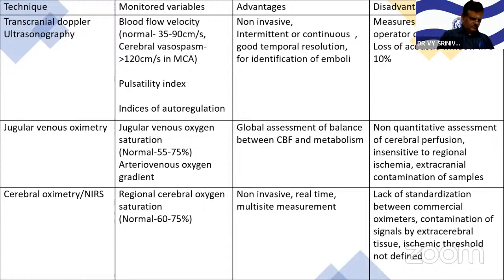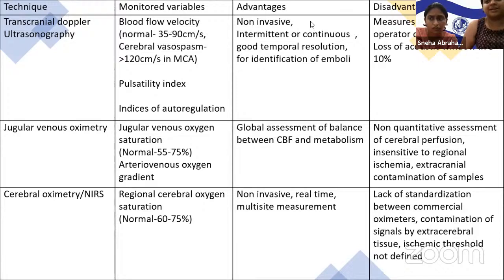The ischemic threshold is defined between 10 to 15 millimeters of mercury. Disadvantage is that it is minimally invasive. It measures the oxygenation within a small region of interest, and a 1 hour run-in period limits the intraoperative application.